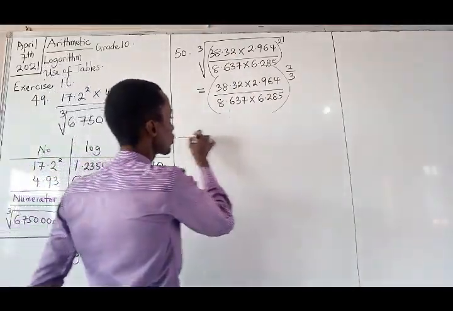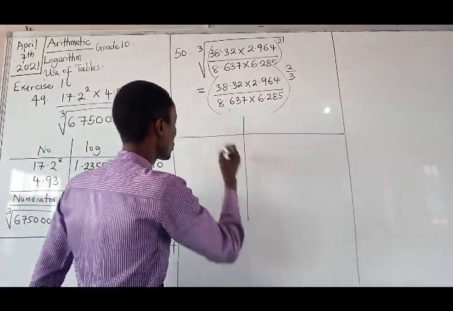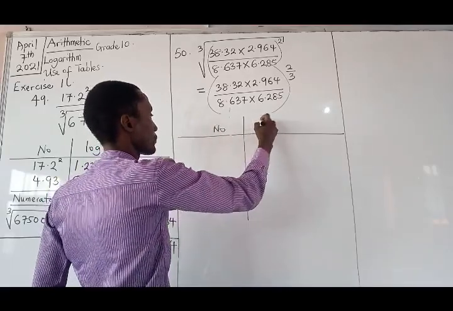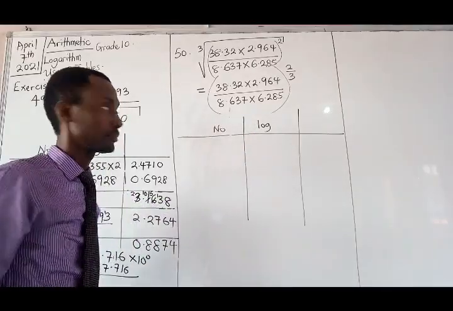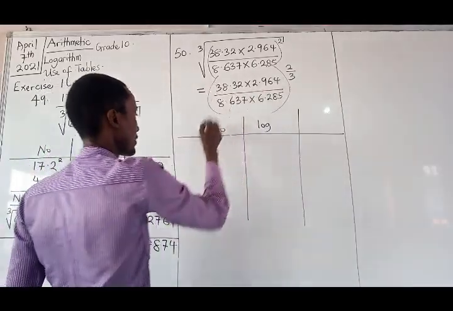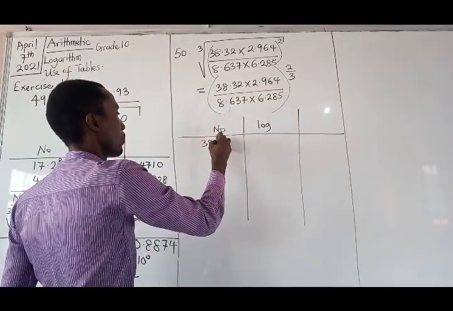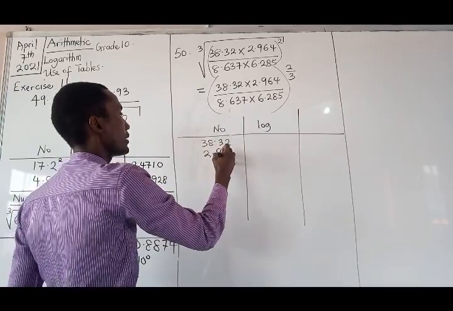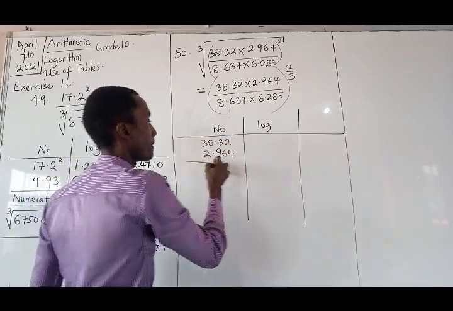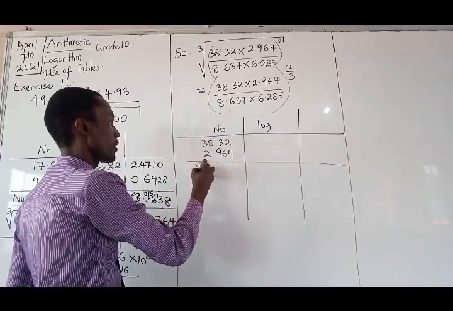The next thing you take note of now is to try to break it down into what? Number, log, and our third column. So I'll take the numerator part first. That will be what? 38.32 and 2.964. I'll call that numerator.